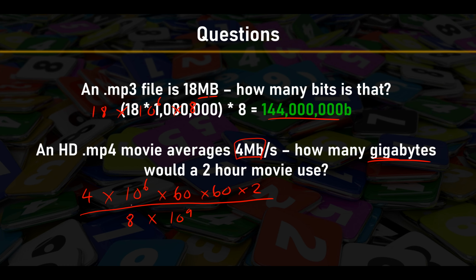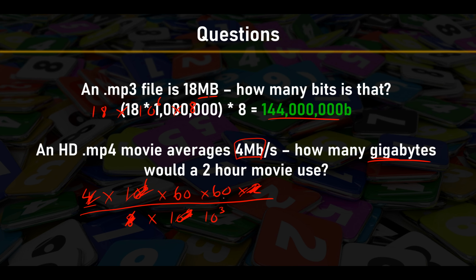To be honest, you can simplify some of this down. Here we've got 4 and 2, and 4 times 2 is just 8. So if we just cancel those, and likewise we can cancel the 8. Likewise, 10 to the power of 6 divided by 10 to the power of 9, that's then going to be 10 to the power of 3.